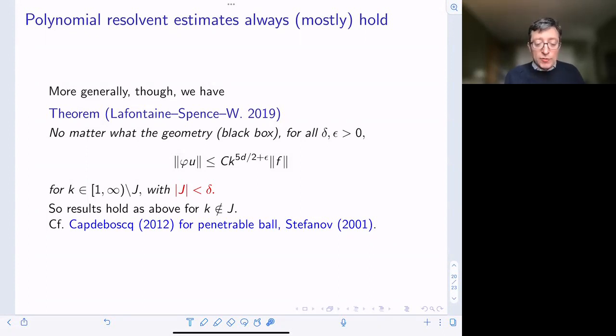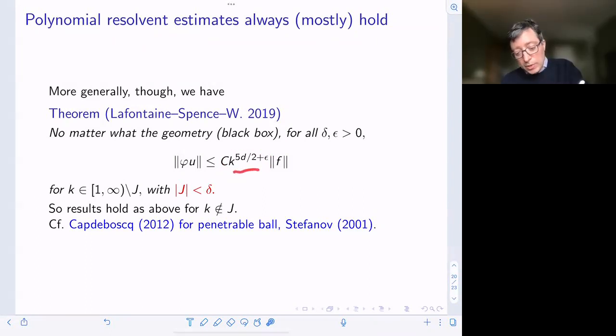So the theorem is the following, that while the news may be bad about trapped trajectories and resolvent estimates, while it could be the case that there's exponential growth overall, it turns out that you can always get polynomial growth. In fact, a particular polynomial growth, depending on the dimension. This is almost certainly not optimal as stated, but we didn't pursue that too much.